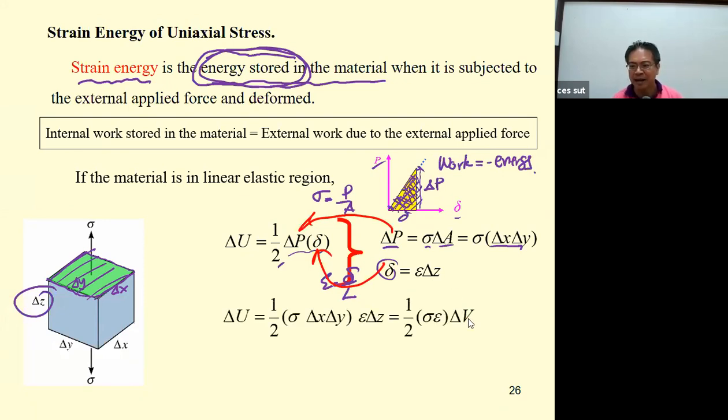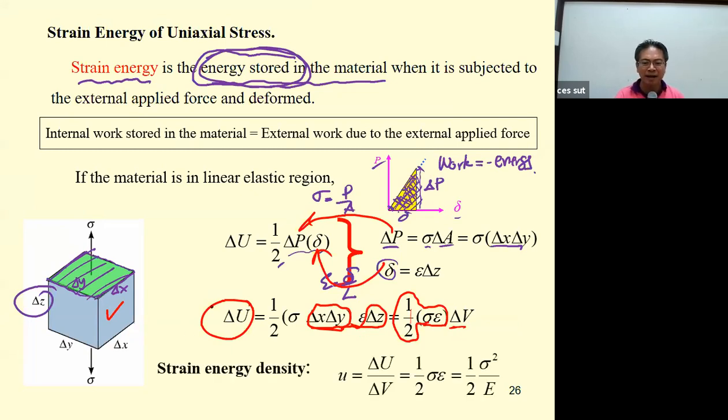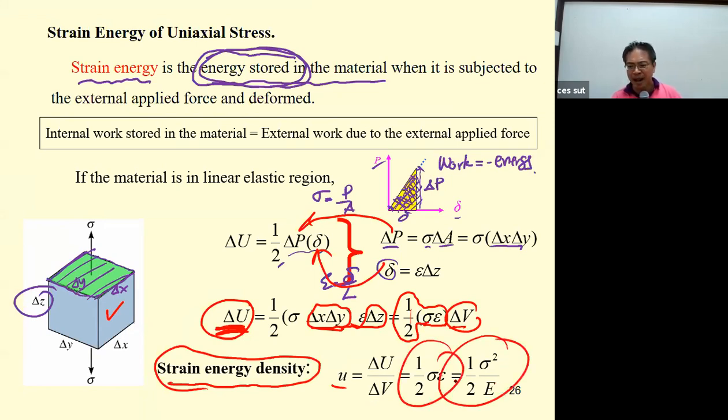That means you can determine the energy stored in the material equal to 1/2 of the stress times the strain in the linear elastic behavior, and also times the volume, because the volume comes from delta X times delta Y times delta Z. And then when we divide the energy by the volume, you get this as the strain energy density U. And for the linear elastic behavior, you may use this equation to determine it.